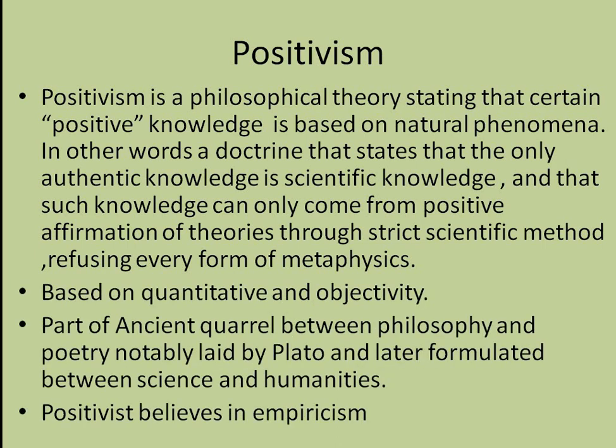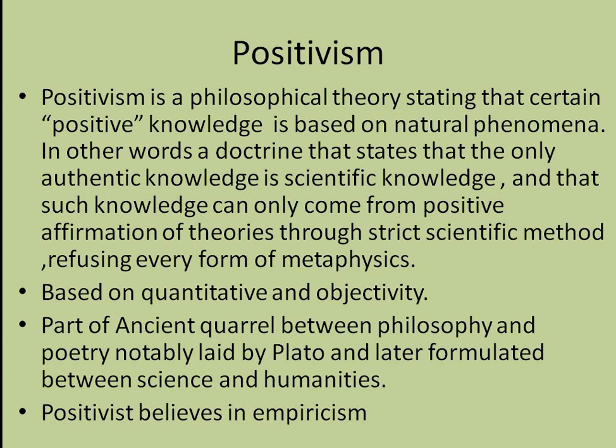Next, positivism is based on quantitative methods and objectivity. Here they also ask questions like whether positivism is based on quantitative or objectivity, or subjectivity or qualitative, etc. Positivism is also a part of an ancient quarrel between philosophy and poetry, notably led by Plato and later formulated between science and humanities.